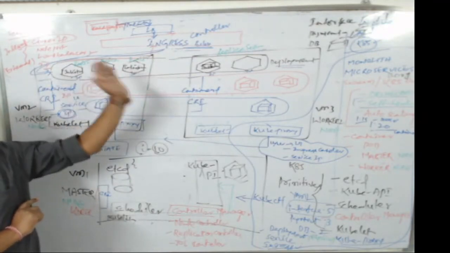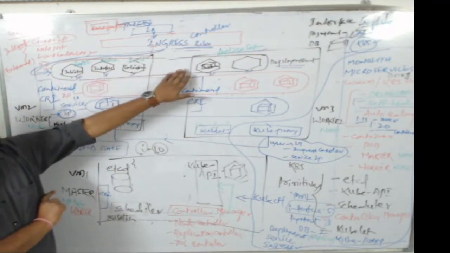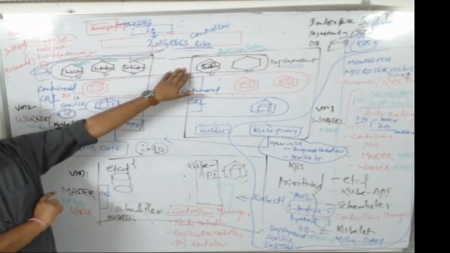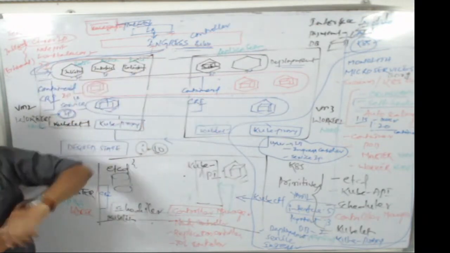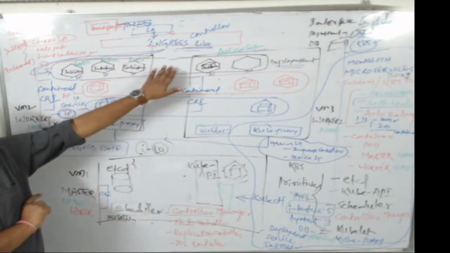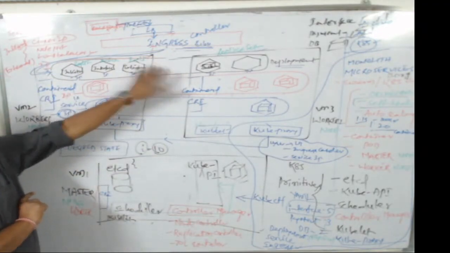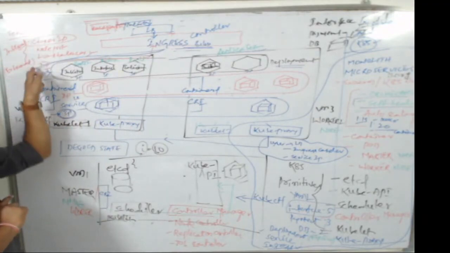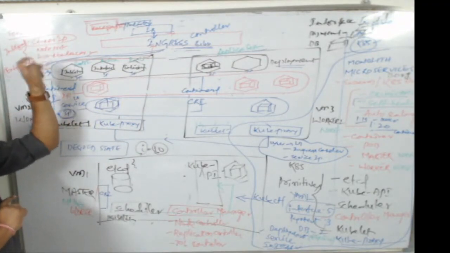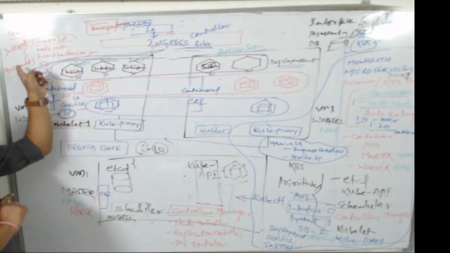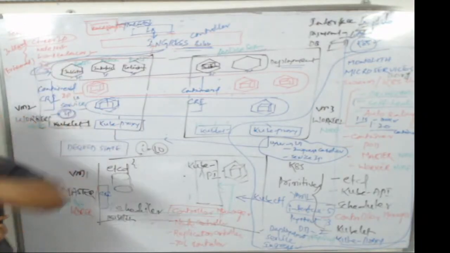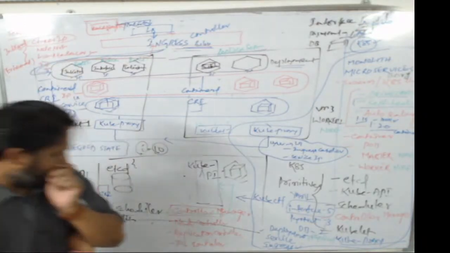So when you expose a deployment using an IP, you are creating a service. Right? So service is exposing the deployment to the outside world. How do you expose it? Using one of the three IPs: Cluster IP, which is internal, load balancer, which is external, and node port. Right. Good.